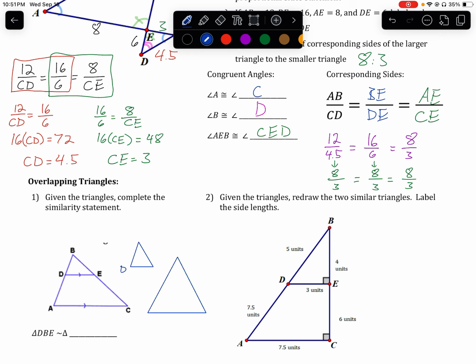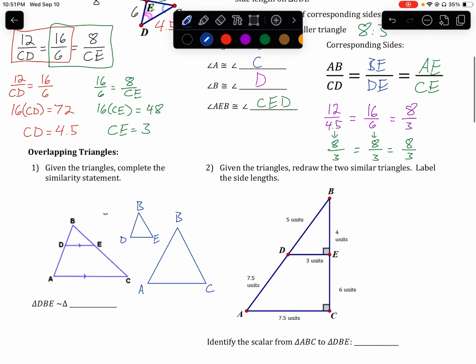So I've got DBE and ABC. If I want to create my similarity statement, the first one we're naming is D to B to E. So I want to go in that same order for the second one, A, B, C.